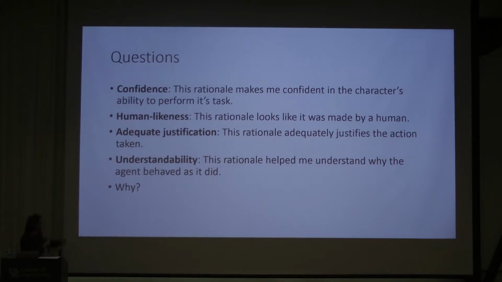And these statements were meant to start to help us get at what we felt were the key benefits or the key goals that you want to accomplish with an explanation. So confidence: this should make you feel more confident in the agent's ability to perform its task. Understandability: this should help you understand why the agent is making the decision that it makes. Adequate justification: does it make sense?